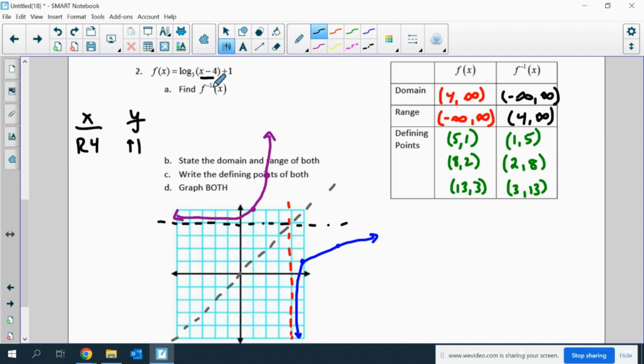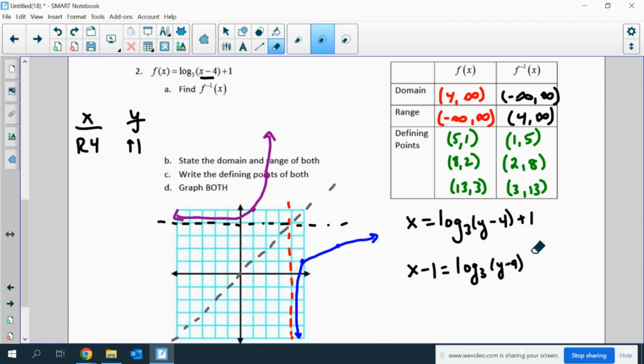Then finally, I will solve for f inverse. So I will flip the x and y: log base 3 of y minus 4 plus 1. I'll subtract 1 from both sides. That didn't really look like a 4.